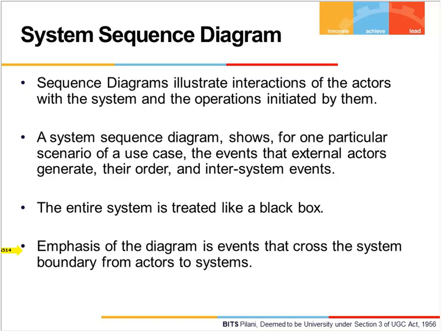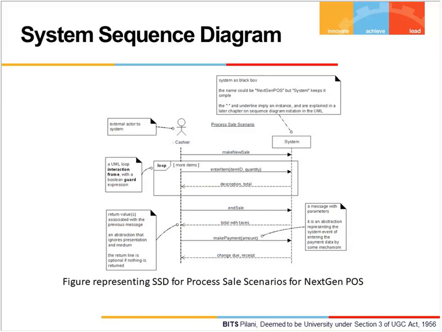Let us first have a look at one such diagram so that we understand what we are trying to study. This is one system sequence diagram adapted from your textbook, Larman, and it represents the process sale scenario for the next generation point of sale system.